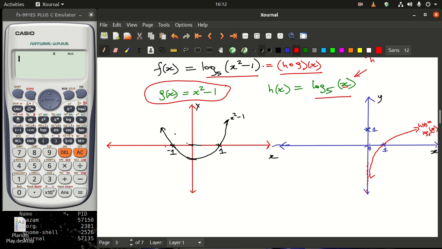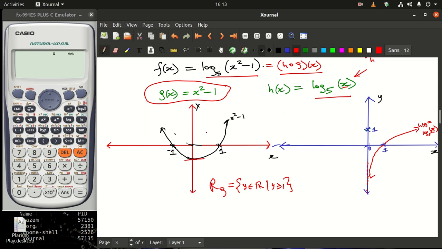So if you look at the range of this function here, looking at the range of g, you will find out the range of g starts at this point, which is -1, and goes all the way. So it is a set of all y, a set of all real numbers such that y is greater than or equal to -1.